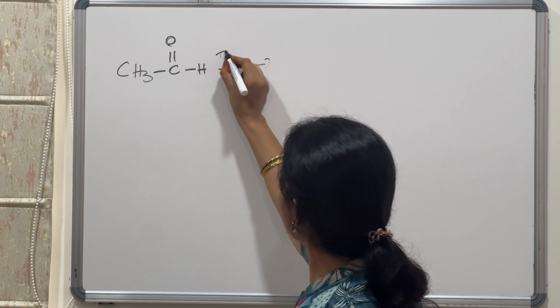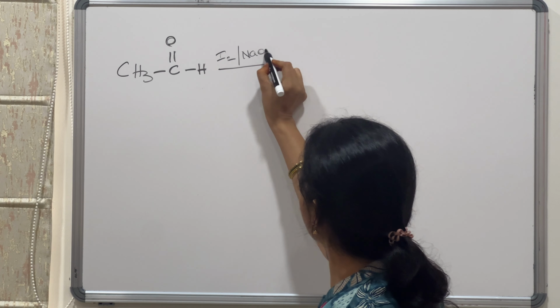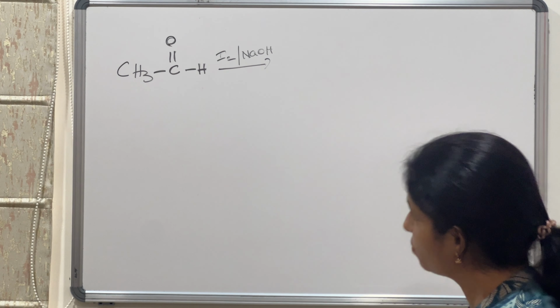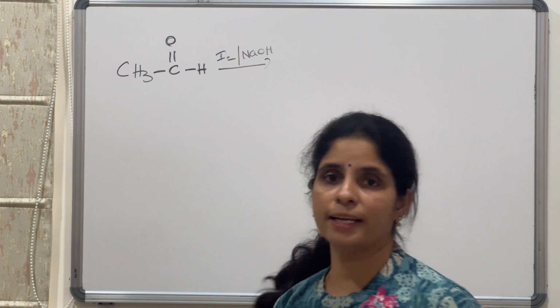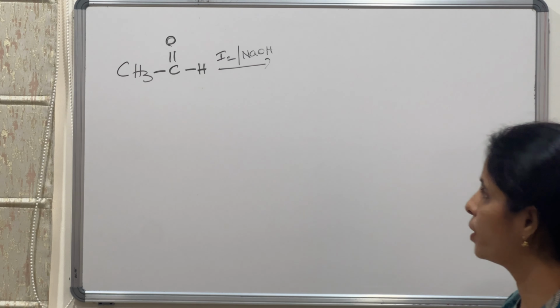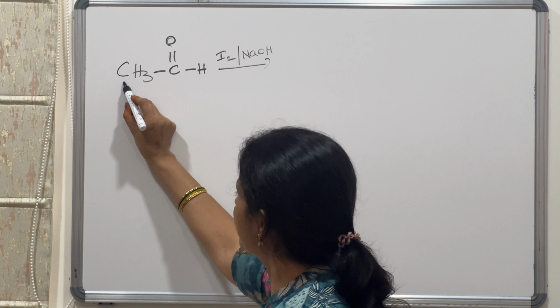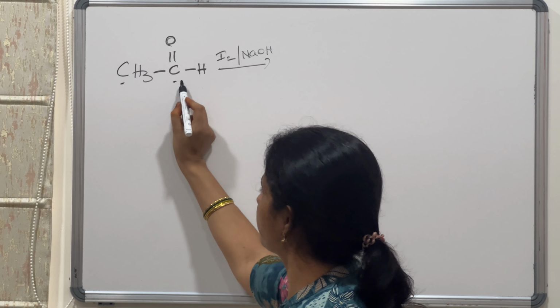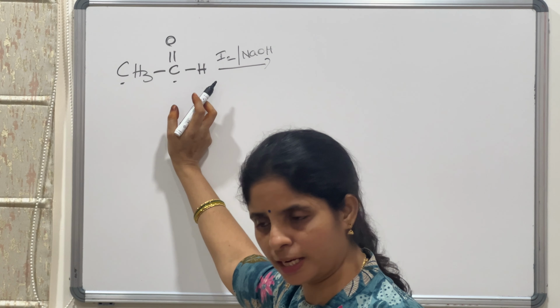So if acetaldehyde is treated with iodine in presence of NaOH, now I'll tell you a simple trick to write the product. Here we cleave the carbon-carbon bond. What is our condition? It should contain 3 alpha hydrogens.